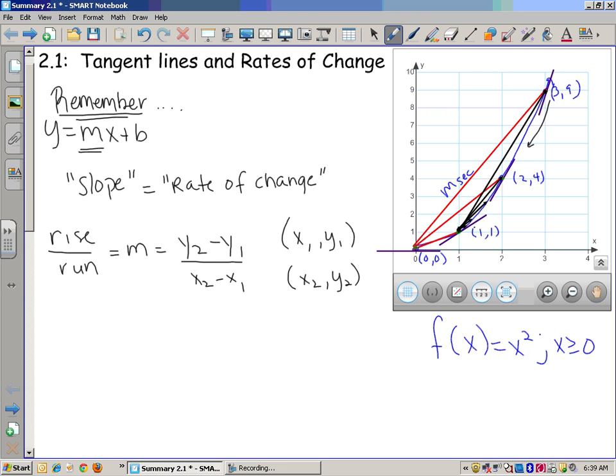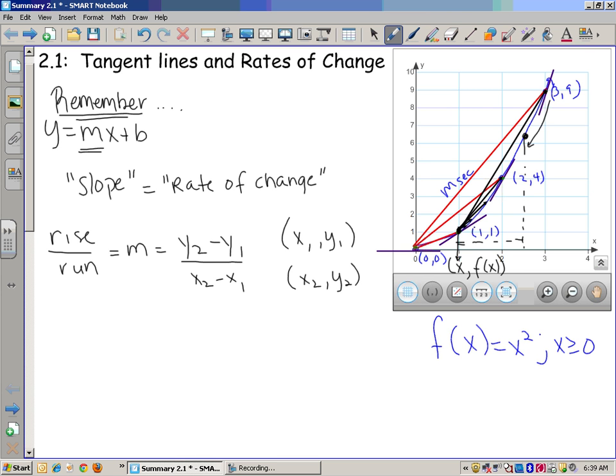And so, hey, if I took this ordered pair right here, and for any ordered pair, that's what it's going to be. And then let's say I move some distance over here, and I put another dot right here.